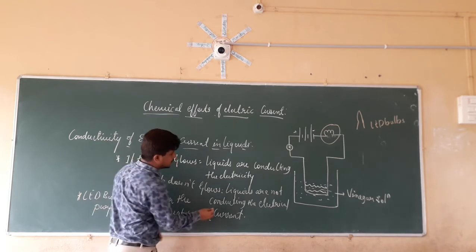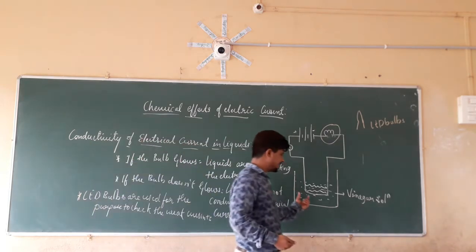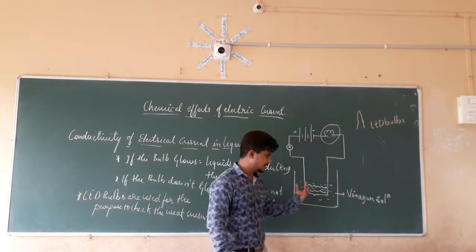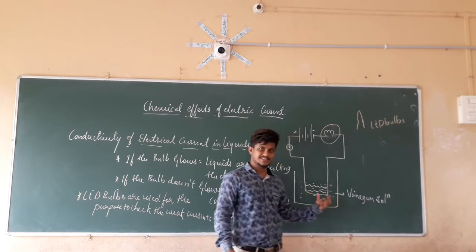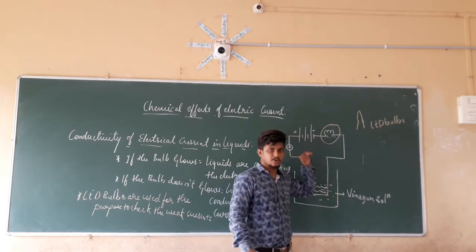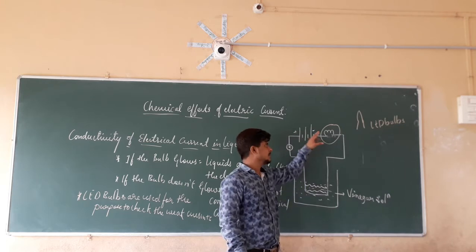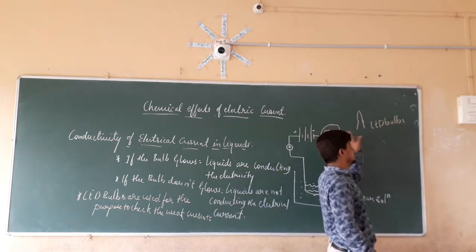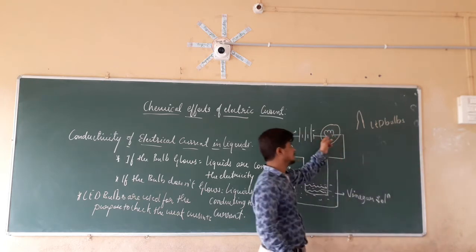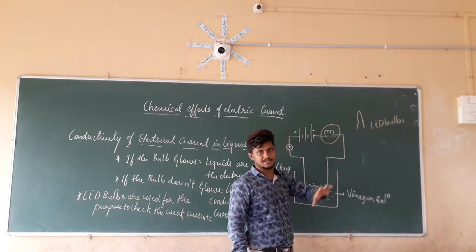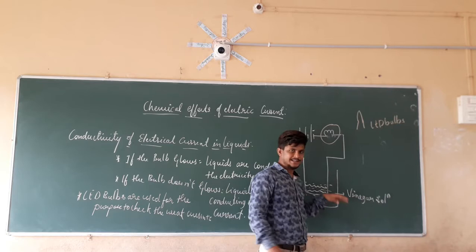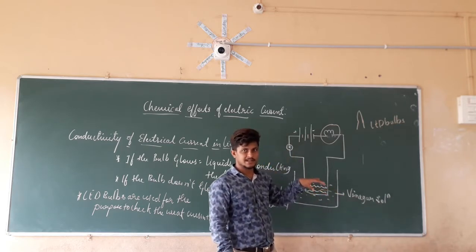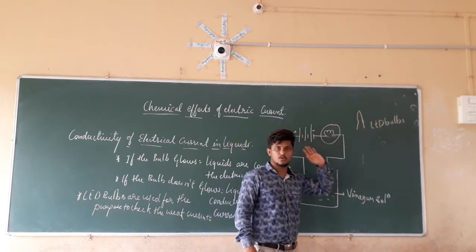If the current passing through this conductor or this liquid is weak, and the amount of current is less, and the bulb is not glowing, that means it is not showing the accurate result. For that reason, we can change this bulb with an LED bulb, so that LED bulbs require a minimum amount of energy, and with minimum or weak current they are going to glow.